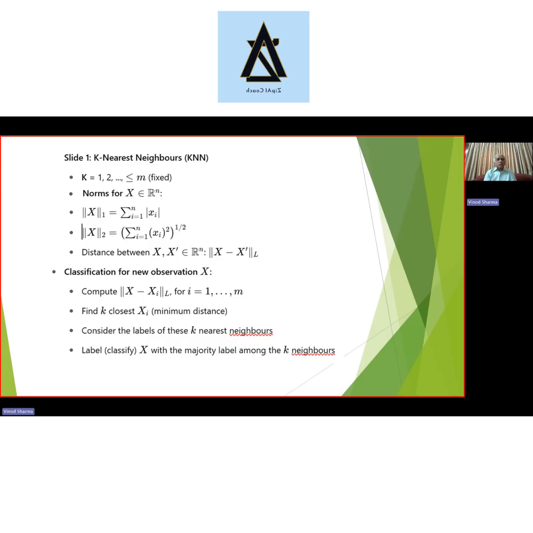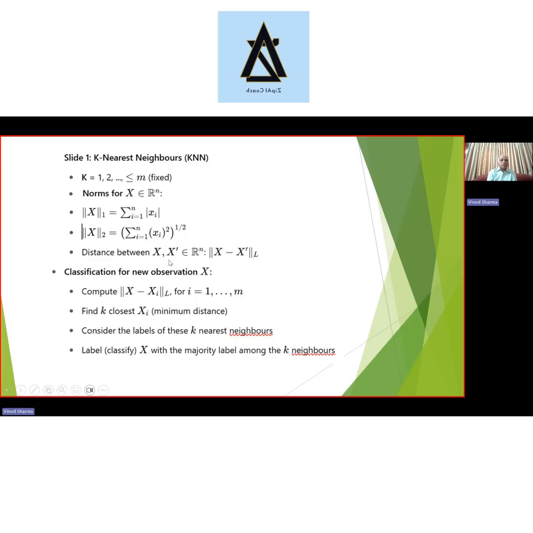In k nearest neighbor, k is a positive integer. One can take k equal to 1, 2, or some m. And the observations x belonging to Rn are given some norms. The L1 norm is the summation of the modulus of the components of x. So x has components x1 to xn, and you take their modulus values and take the summation; that is L1. For L2, take the xi squares, sum them up, and then take the square root.